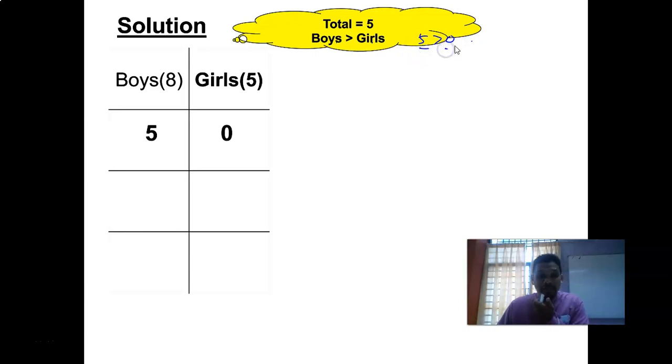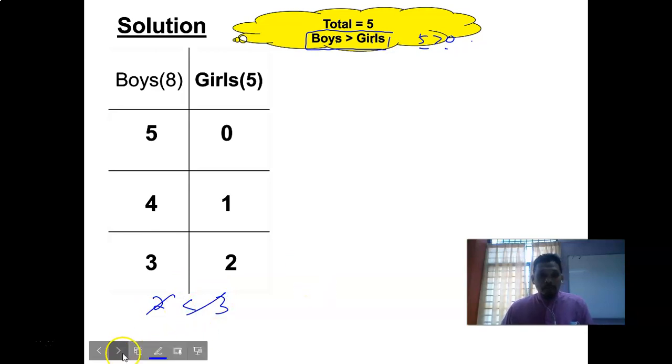So we're talking about numbers here. Boys greater than girls: 5 and 0, 4 and 1, 3 and 2. We cannot continue with 2 and 3 because 2 is less than 3 and does not satisfy the rule here. So this is not one of them.